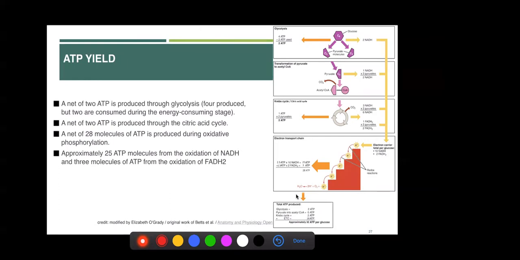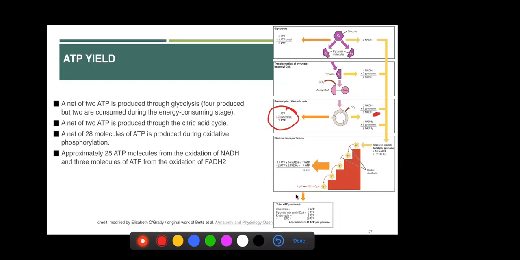If we look at this here, we have 6 NADHs, because we had 2 pyruvates, and that gives me 6 times 3, and so that would be 18.